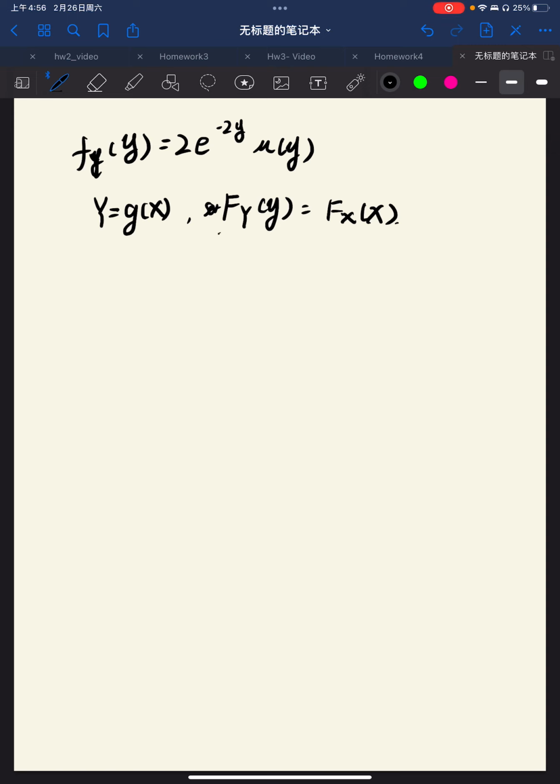To get this one, we integrate it, and it equals 1 minus e to the power of -2y.